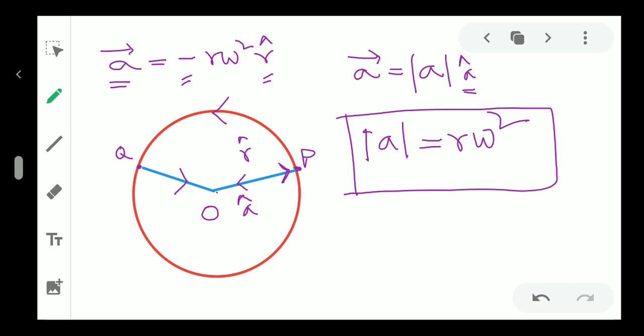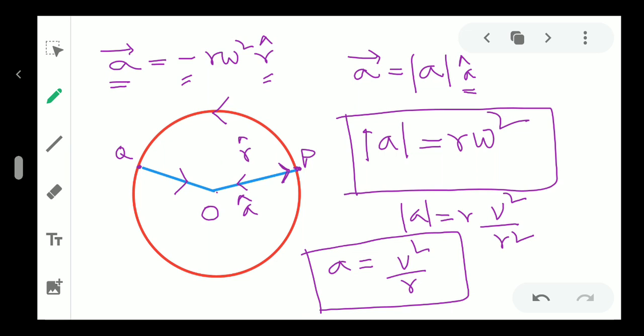So if I put here v by r instead of omega, that will be v square by r square, and ultimately I will get v square by r. So the acceleration is v square by r.